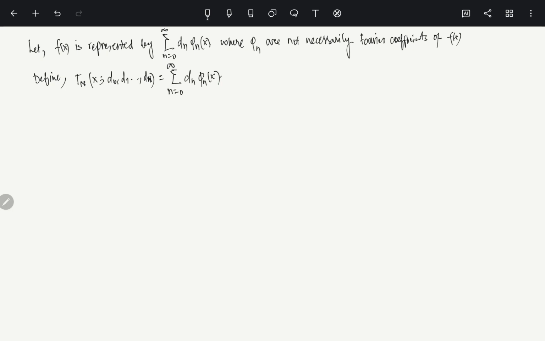Now let's define capital EN. That quantity is nothing but the norm of Tn minus f.